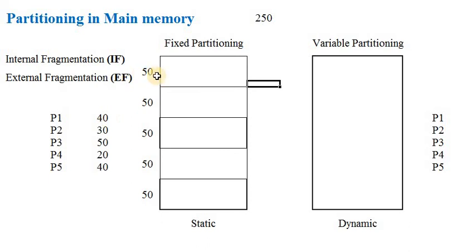When the condition is satisfied, that is, the process size is less than the partition size, we can directly allocate that process into the main memory. So let us allocate P1 into the main memory. It occupies only the size of 40. How much has it consumed? Only 40 of space has been consumed by P1.